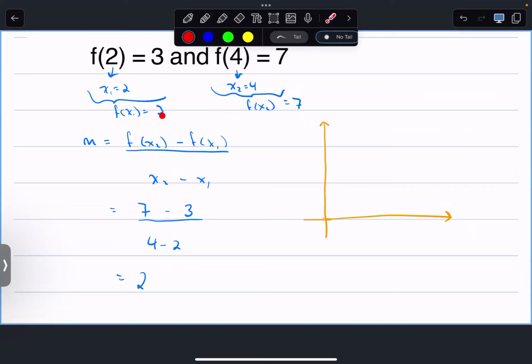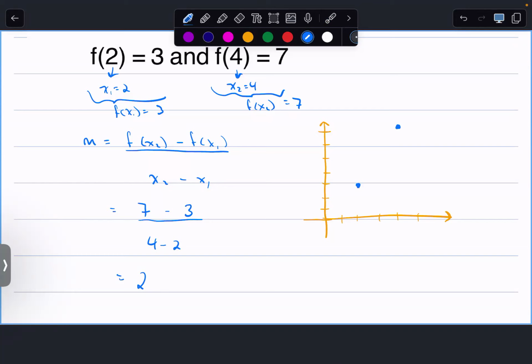If x is 2, y is 3, x is 4 is my next one. 7 is my largest value of y, so I need at least 7 there. Rough dot there. If x is 4, y is 7.